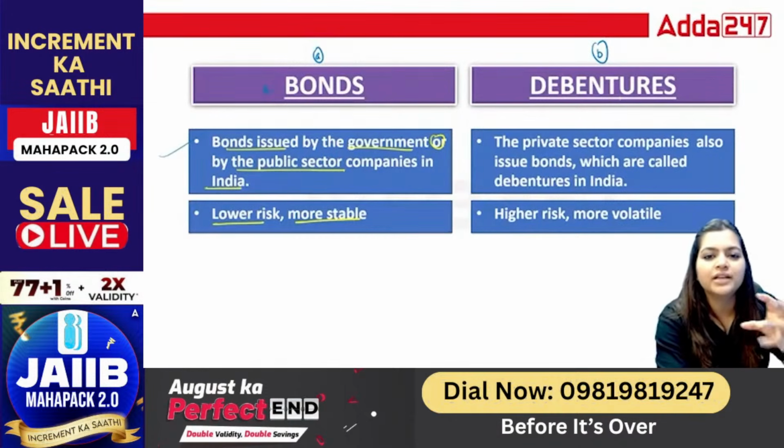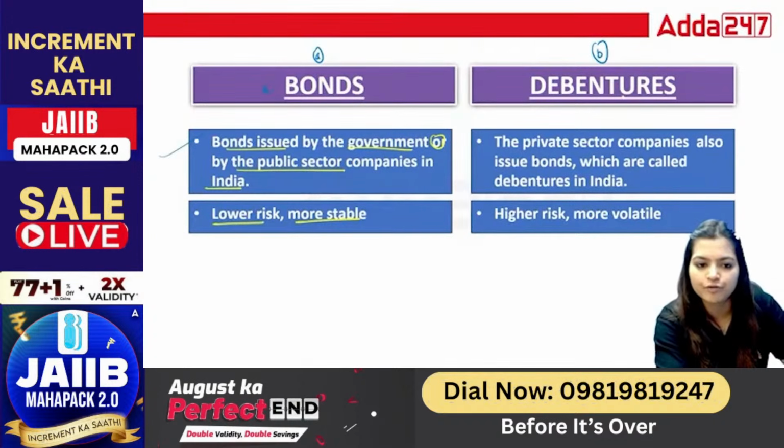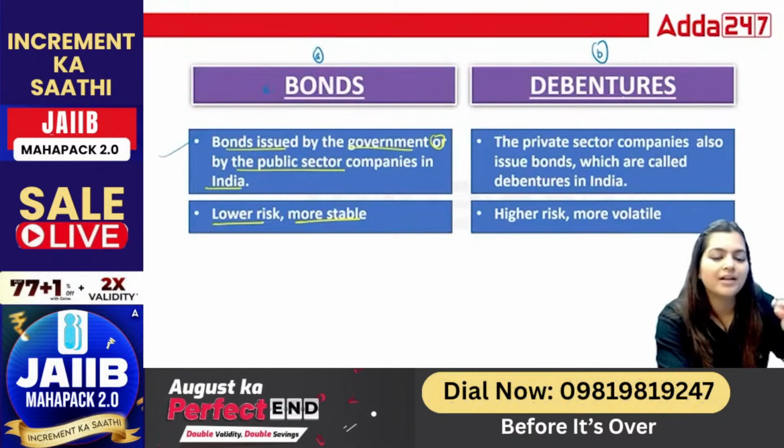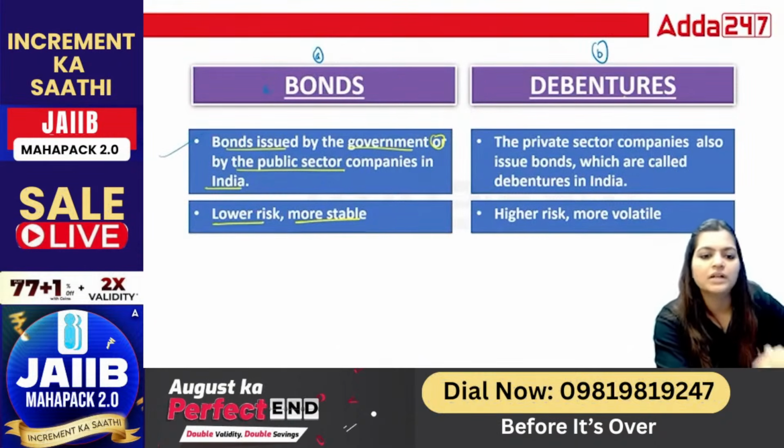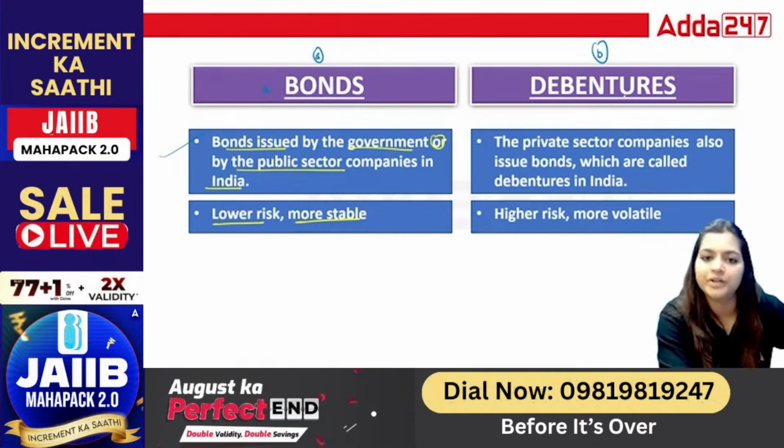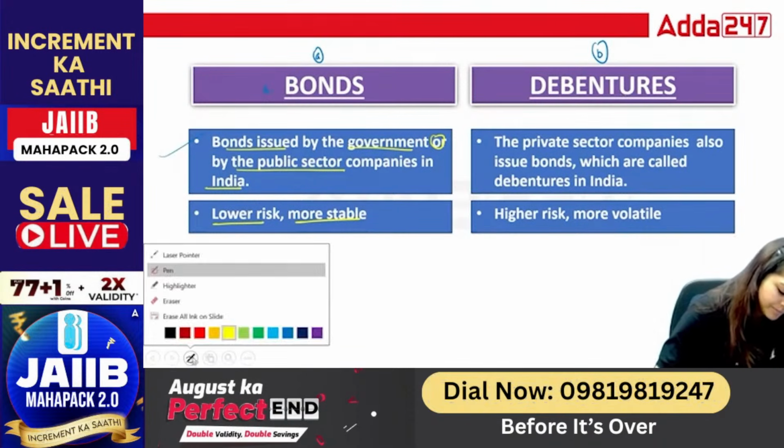See, if anything is related to government, the government will never give any higher risk, because the government is not here to earn profit. They are here to give benefit to society. Their objective is not to earn profit. That's why whatever bonds the government is issuing have lower risk. And if any instrument has lower risk, it is going to give lower return also. Always remember this point.